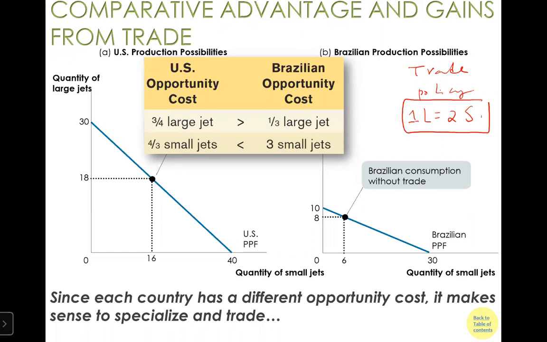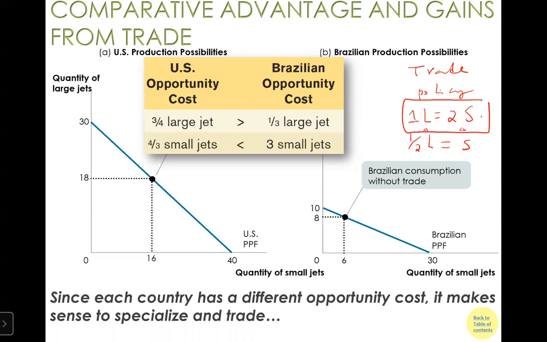Right? Now let's start with the United States. So if someone told the US government, okay, you can sell your larger jet at 2 small jet, or alternatively, this means you can buy small jet at 1/2 of larger jet.